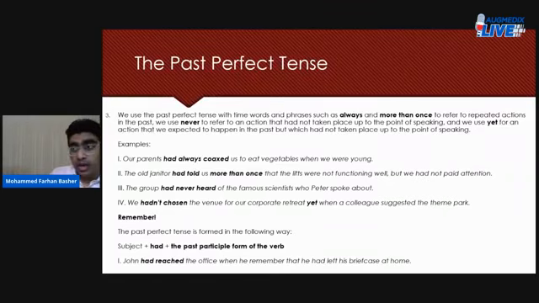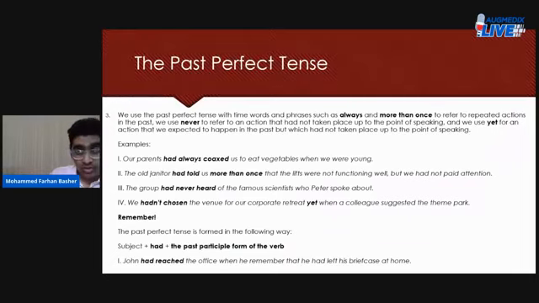But when we were young, our parents would always coax us, meaning would always persuade us. So you use the past perfect tense to describe what your parents used to do, right? So our parents had always coaxed us to eat vegetables when we were young.